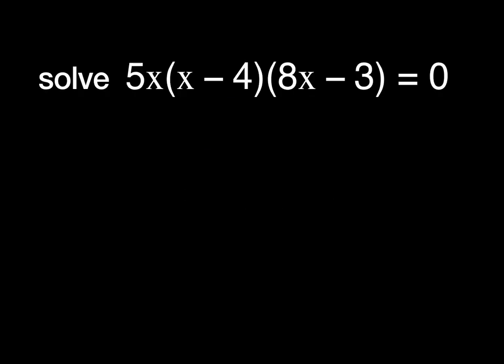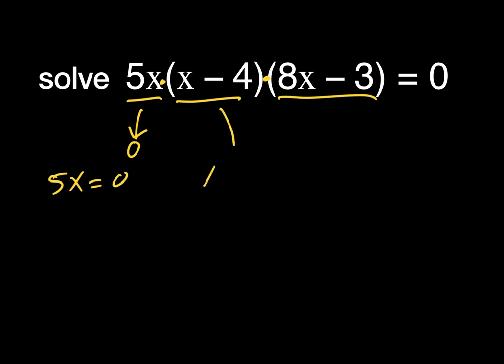When it's already factored, it's kind of nice because I have three things, 1, 2, 3, that when multiplied have to be 0, because it's multiplying. So either this thing is 0, this is 0, or this thing is 0.